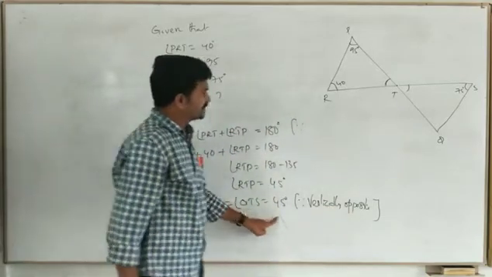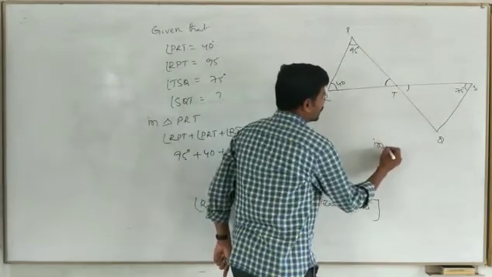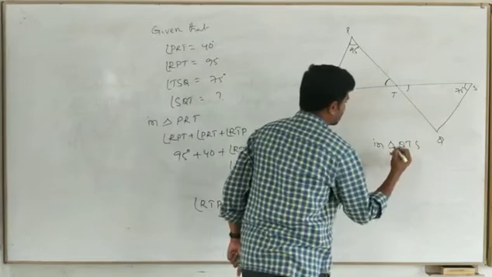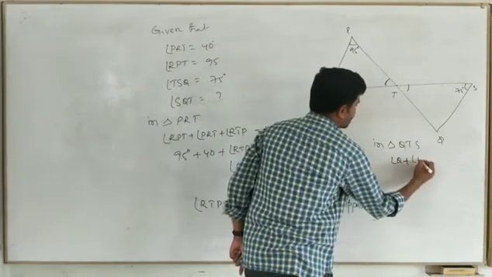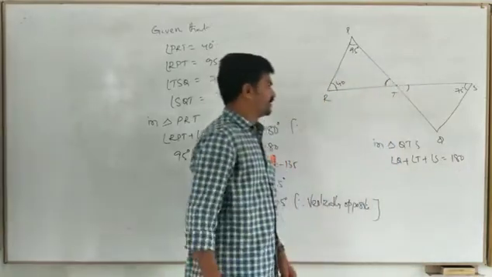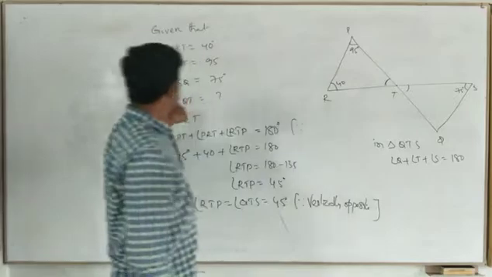Now after finding this, apply it in triangle QTS. Angle Q plus angle T plus angle S equals 180. Do you know the measure of angle Q? No, that one we need to find.